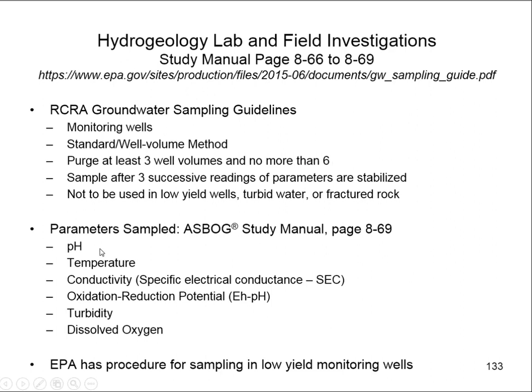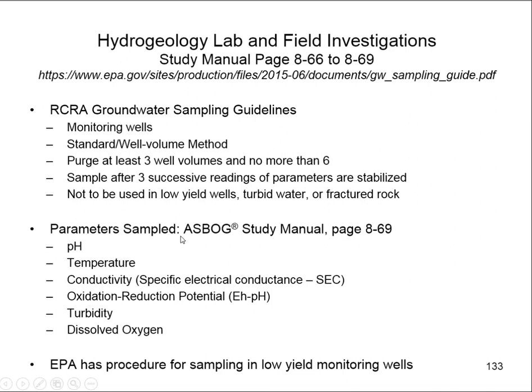As we do that, we're sampling these parameters. They stabilize in this order, and once they've stabilized, then we can take our sample. Where we have low yield wells or turbid water or fractured rock, we can't use this method. There's another procedure for sampling in that situation.